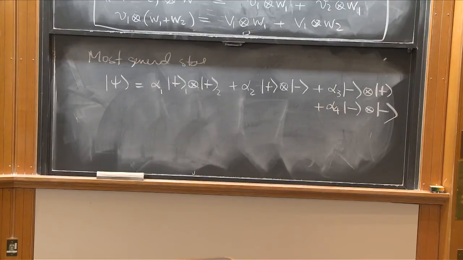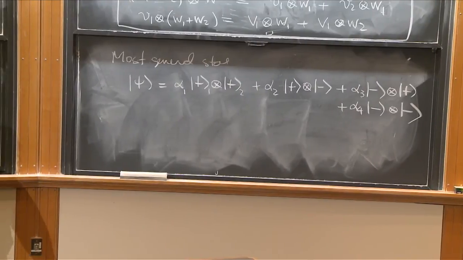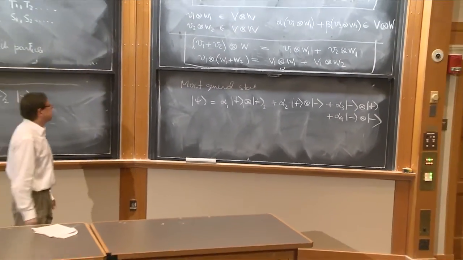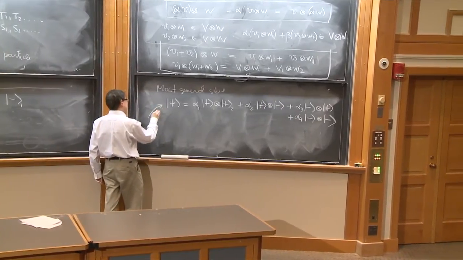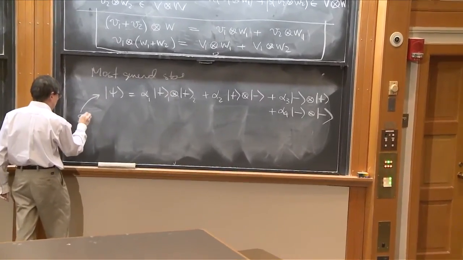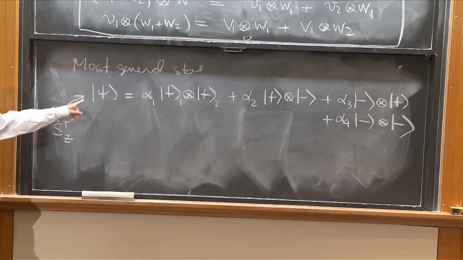Okay, let's do just one simple computation, and be done for today. I want you to try to figure out what is the result of acting with the total z component of angular momentum on this state.